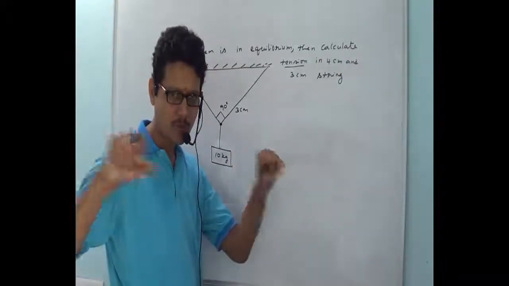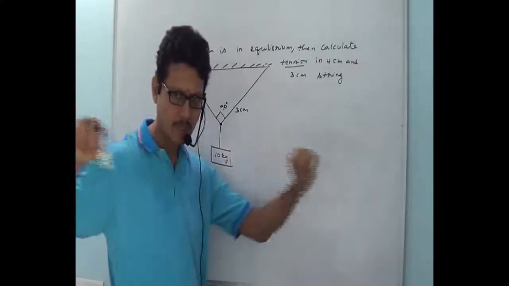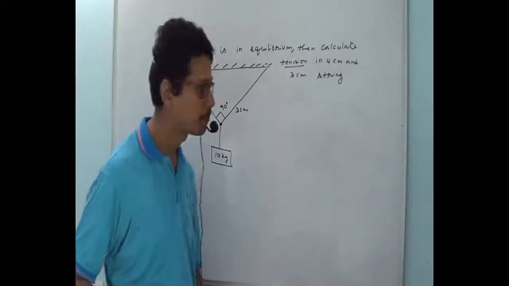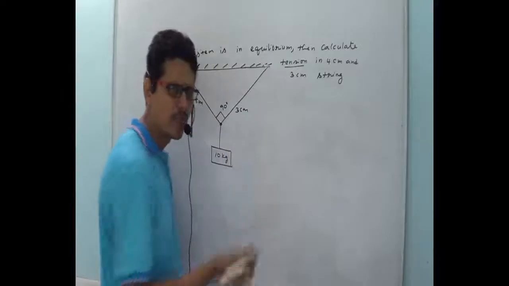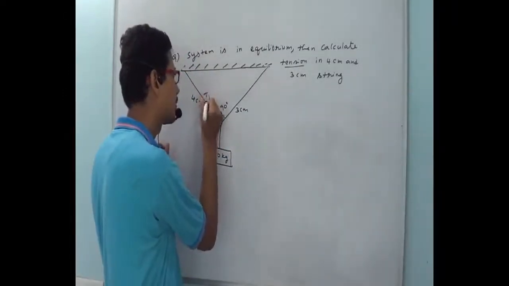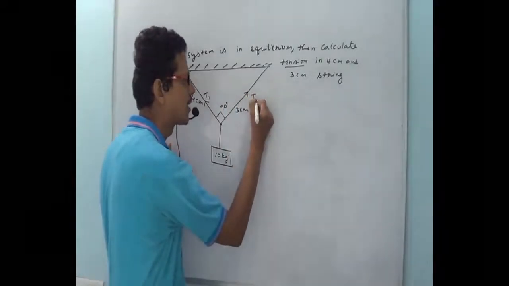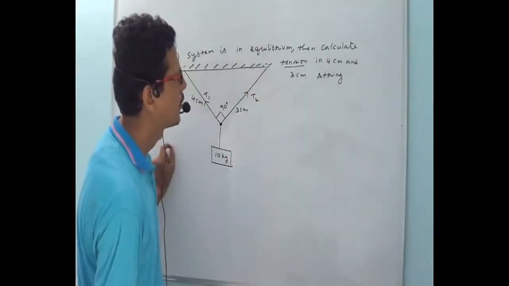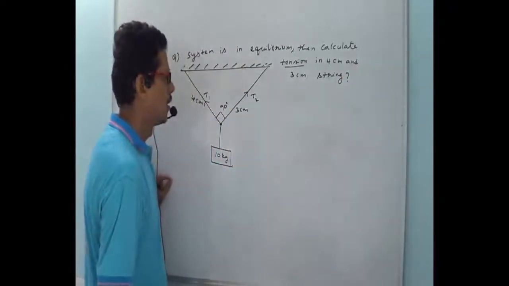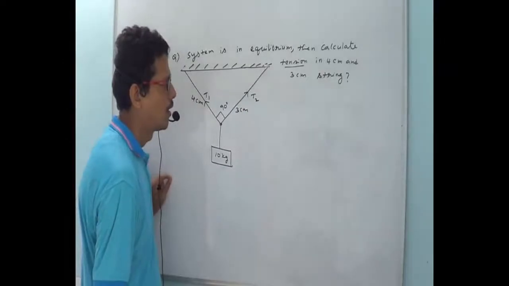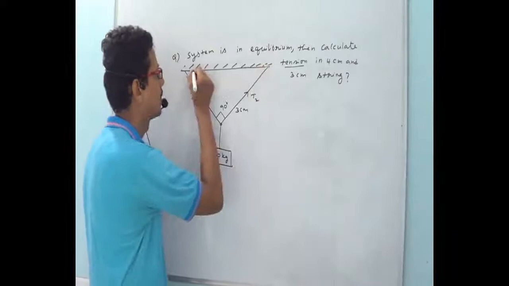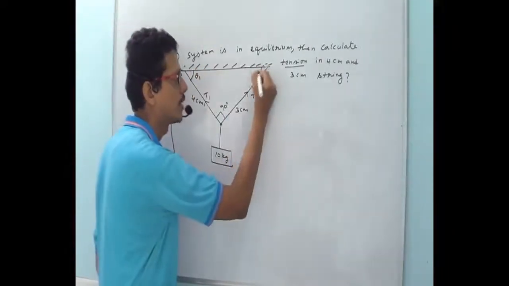If you hold it tightly apart, then there is tension arising inside the string. That is an electromagnetic force. Let the tension here be T1 and here let the tension be T2. I have to calculate T1 and T2, so that is the question. So how do you do it? Let this angle be theta1 and let this angle be theta2.